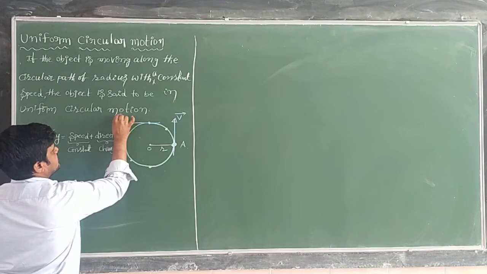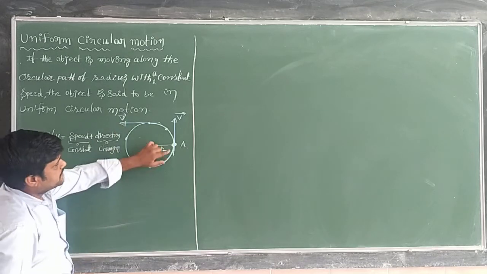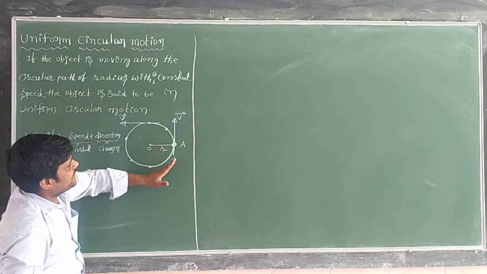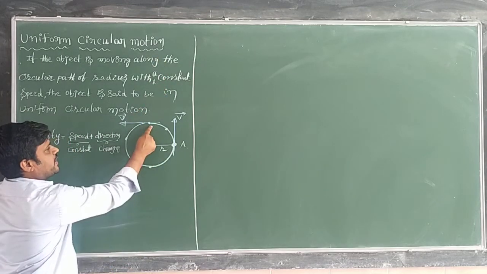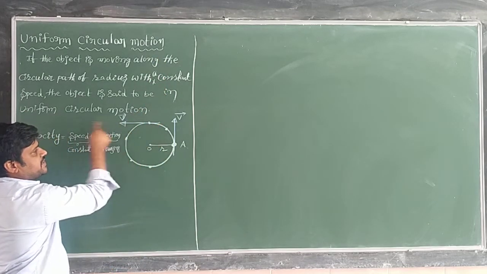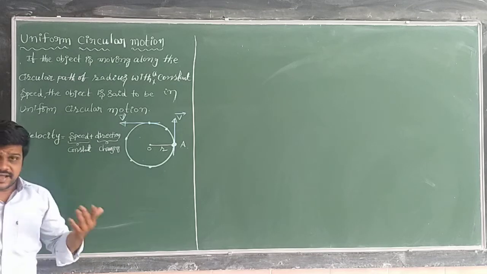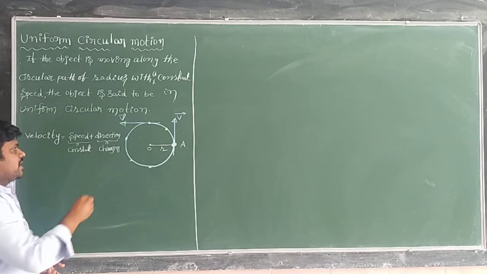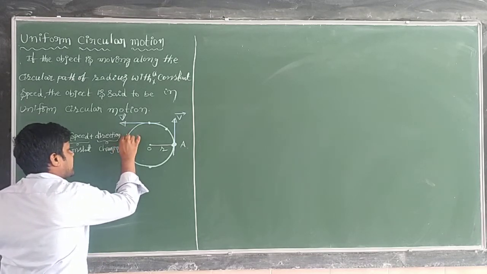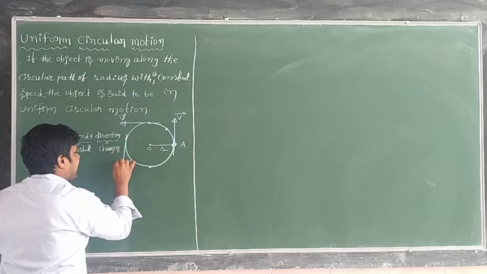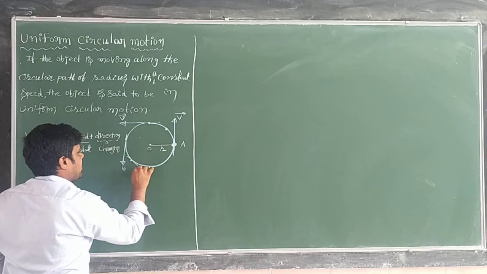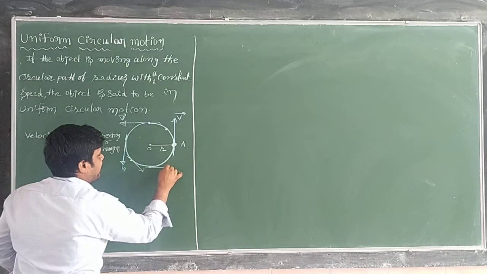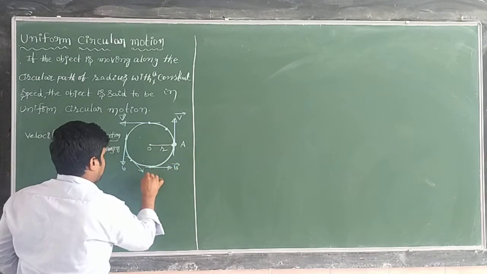At this point, the velocity direction is like this; at another point, the velocity direction is like this. That means the direction changes. At each point, the velocity vector is along the tangent to the circular path.